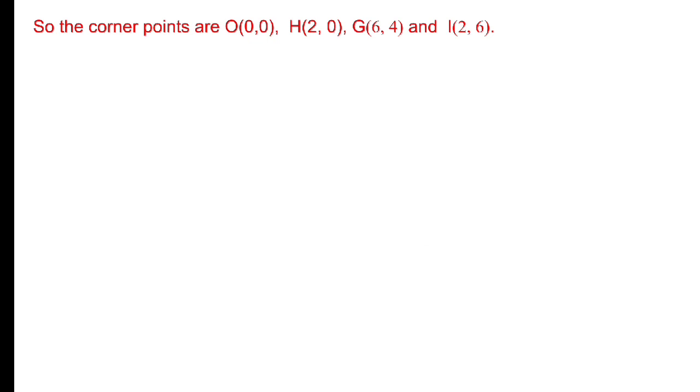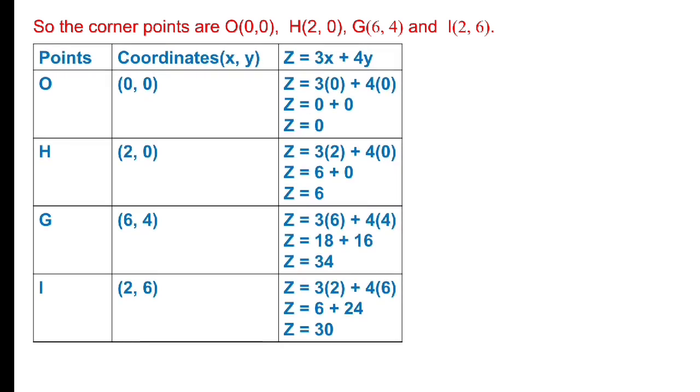So put the coordinates in a table. z equal to 3x plus 4y is the objective function in this problem. For O, 0, 0: z equals 3 of 0 plus 4 of 0, so z value becomes 0. For H, x is 2 and y is 0: 3 into 2 plus 4 into 0 gives 6, so at point 2, 0 the z value is 6.